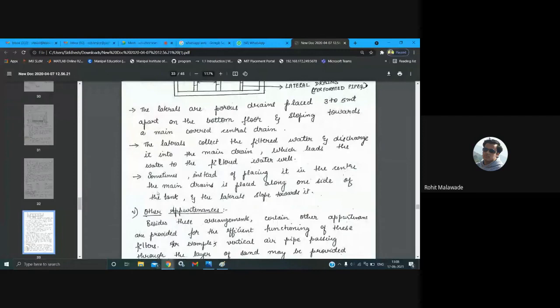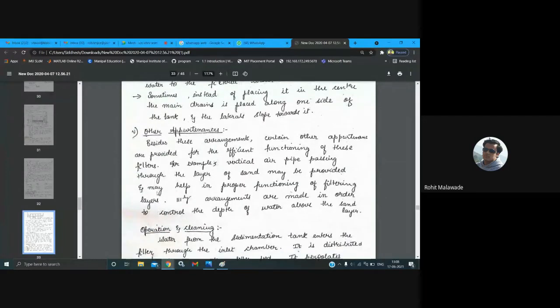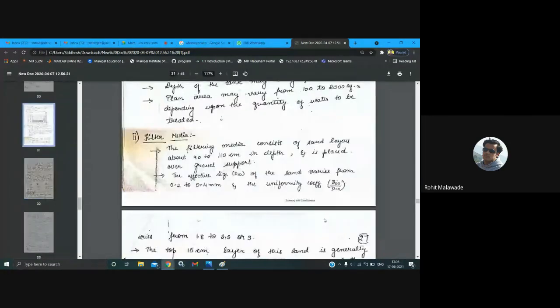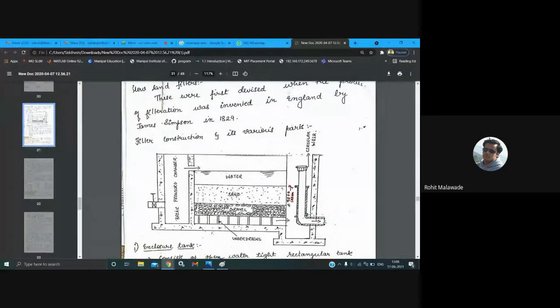Then we will see some of the other apparatus we are going to use for the filtration, for controlling the depth and the sand layer. For example, the other apparatus we use are the circular weir and valves.